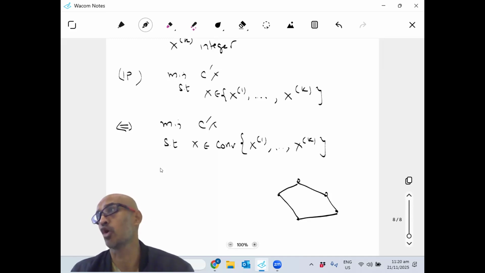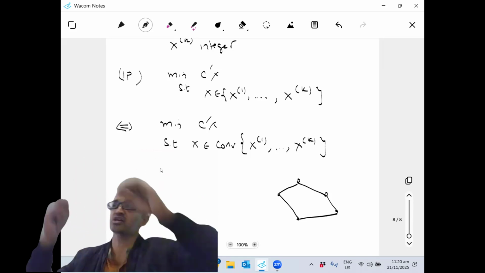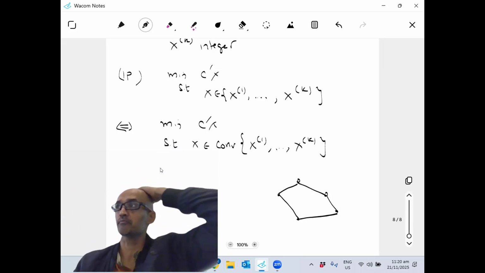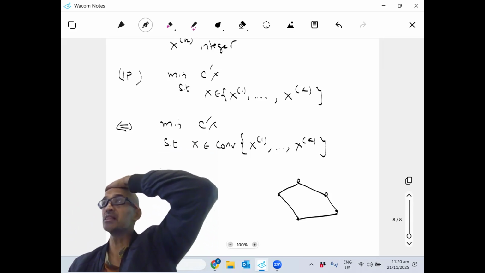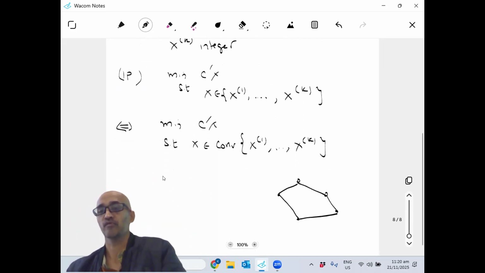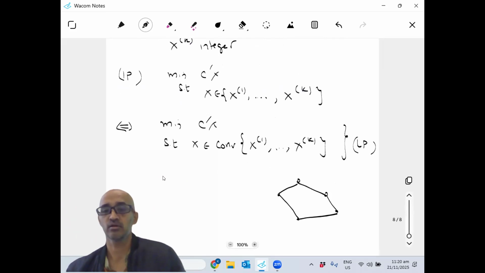A convex hull can be described by either a set of extreme points and you write a convex combination, or you write linear constraints. So in principle, every integer program can be solved. I mean, this is an LP problem. The convex hull of a set, you can describe in many ways. One way, for example: what is a convex hull?